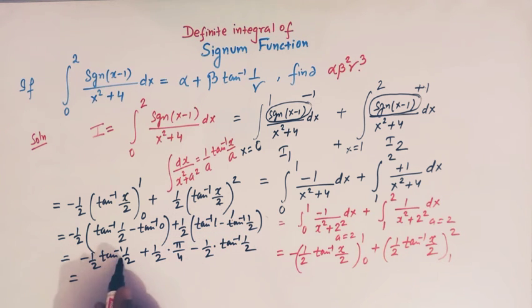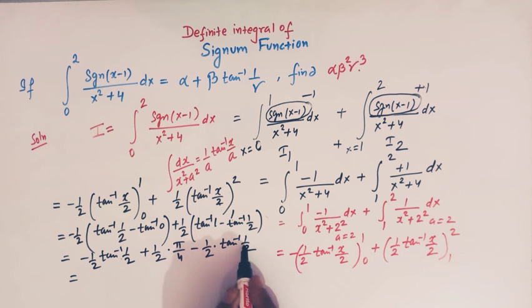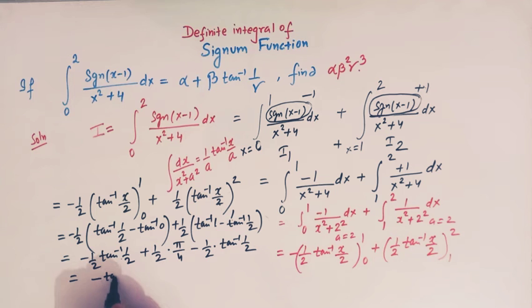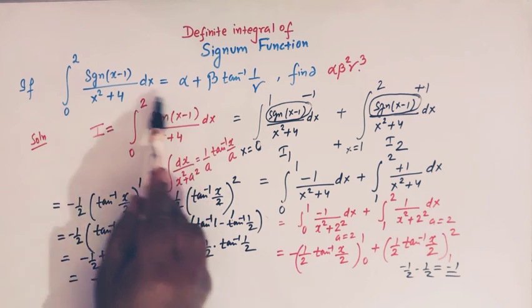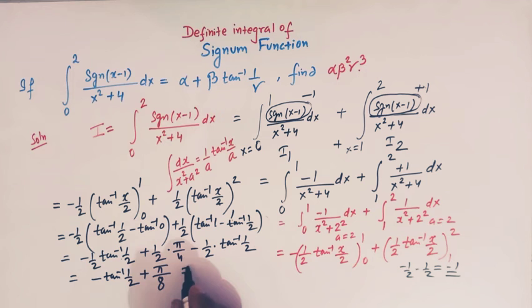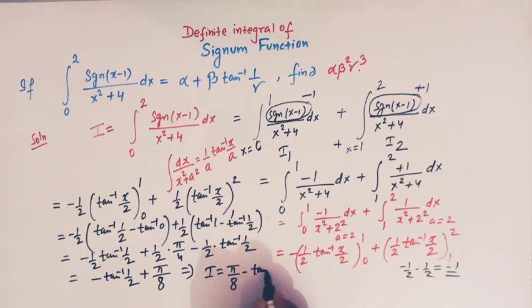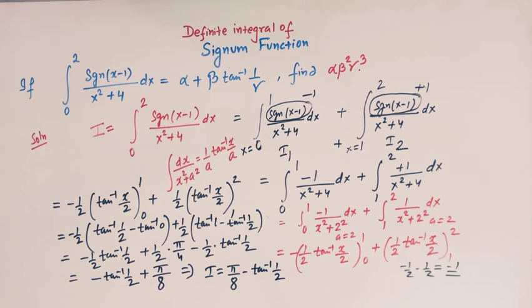So minus half tan inverse half minus half tan inverse half is minus tan inverse half, and here we have pi over 8, right? So now the value of this integral I is equal to pi over 8 minus tan inverse half.